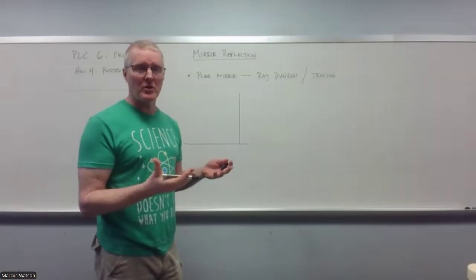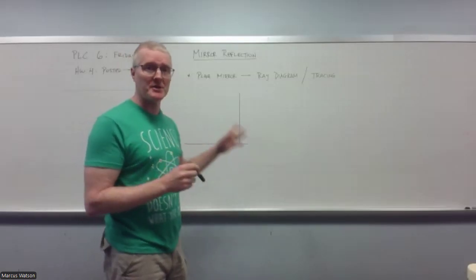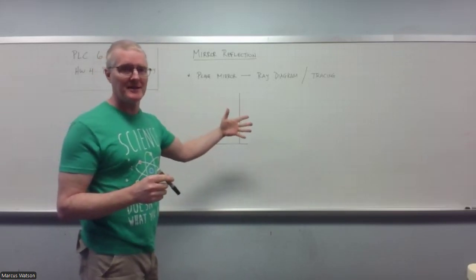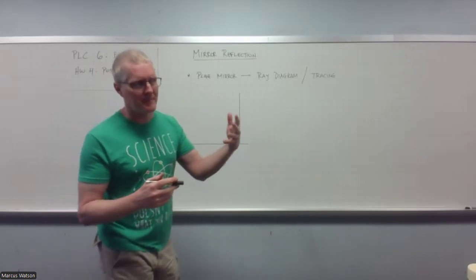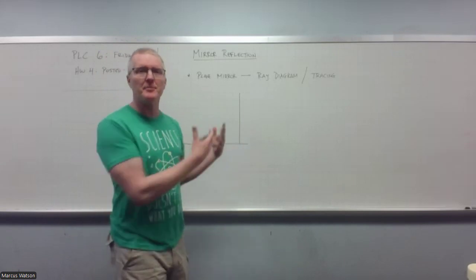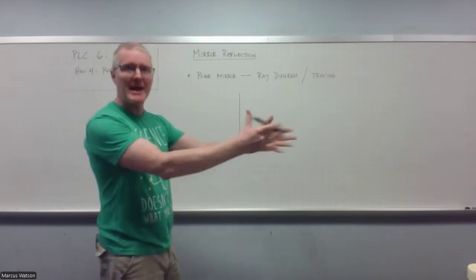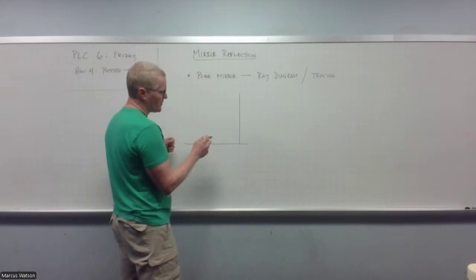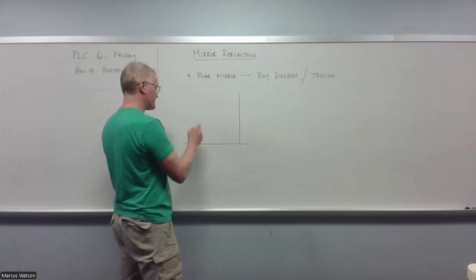By convention, almost every single time I draw an object, it's going to be to the left, and the light rays are going to be propagating to the right. I guess it's kind of an assumption, but it's one of those things I'm going to bring up here as part of the narrative and carry on through all of the geometric optics. So most of the time I have the object over here on the left.